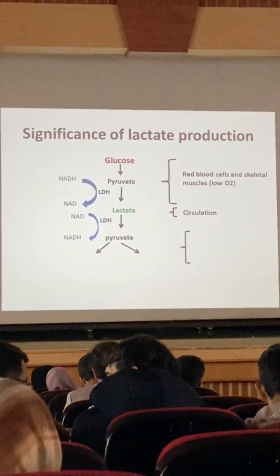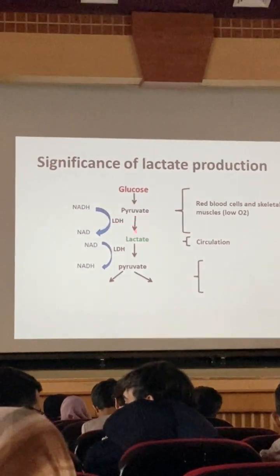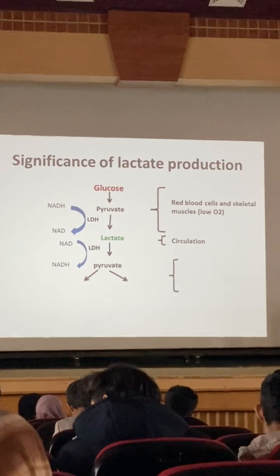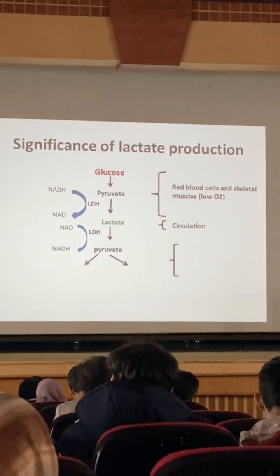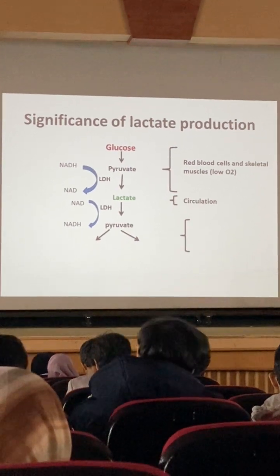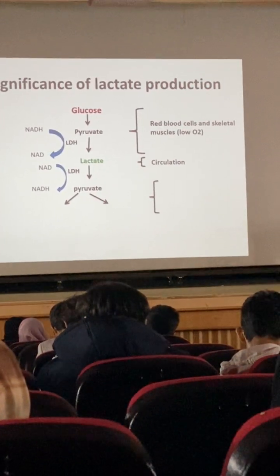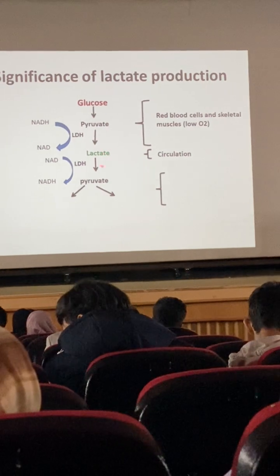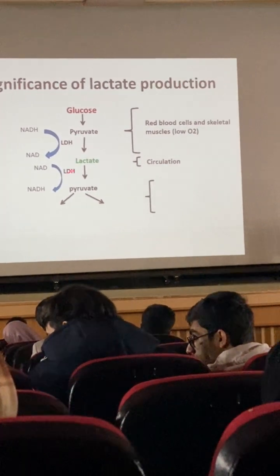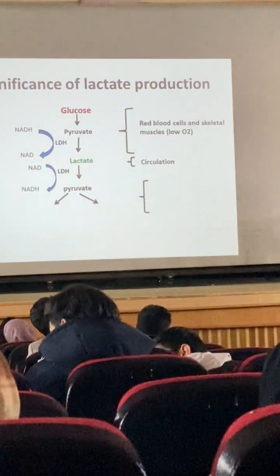LDH works in both directions: pyruvate to lactate, and lactate back to pyruvate. If we have too much lactate in our circulation, for example after exercise, this LDH enzyme will again generate pyruvate.